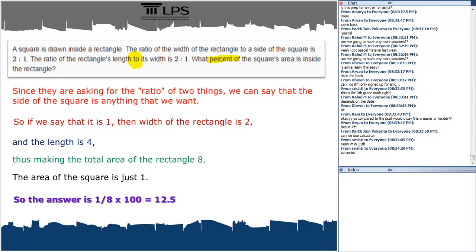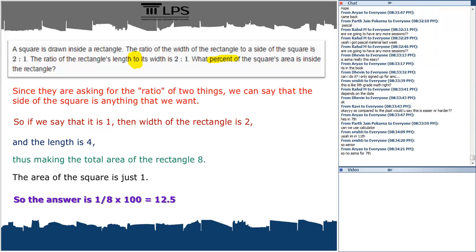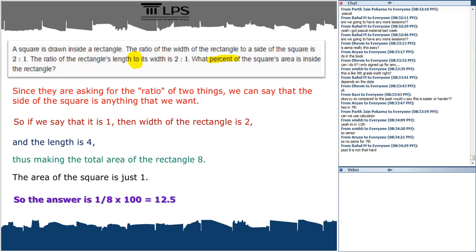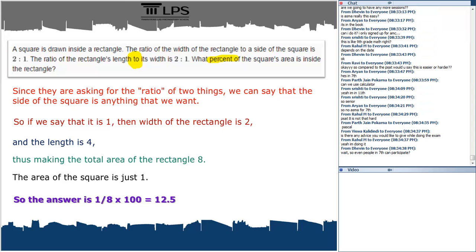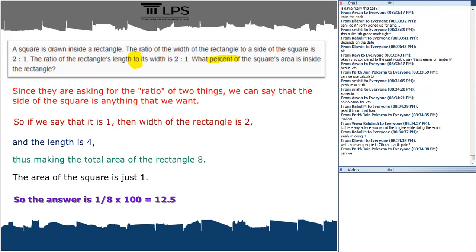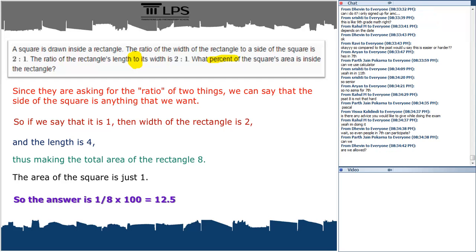Parth, yes, I have answered that question earlier. In ASMA, you can use a calculator. No, there is no ASMA for grade 7, but there is a Gauss contest for grade 7 students, which is on the same lines as ASMA. Grade 7 students who want to take some examination in honors should go for the Gauss contest.